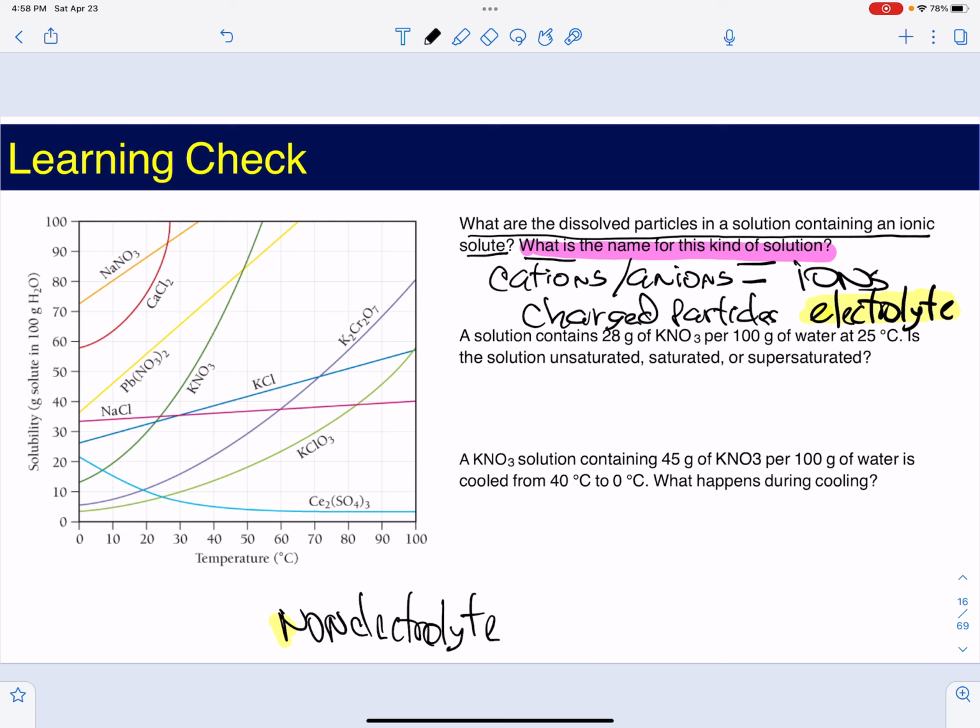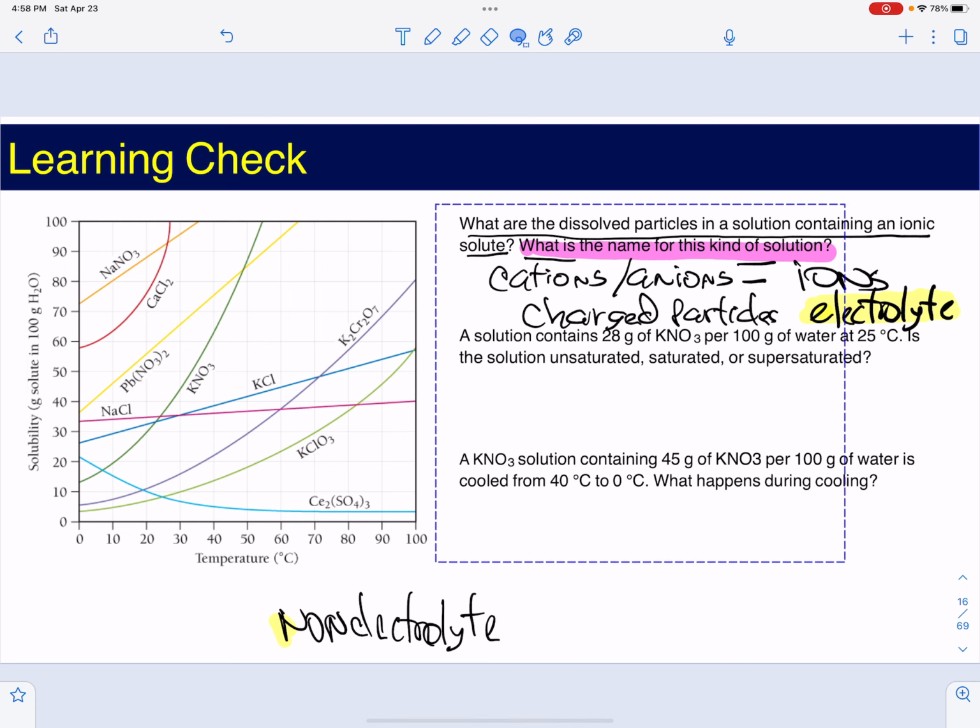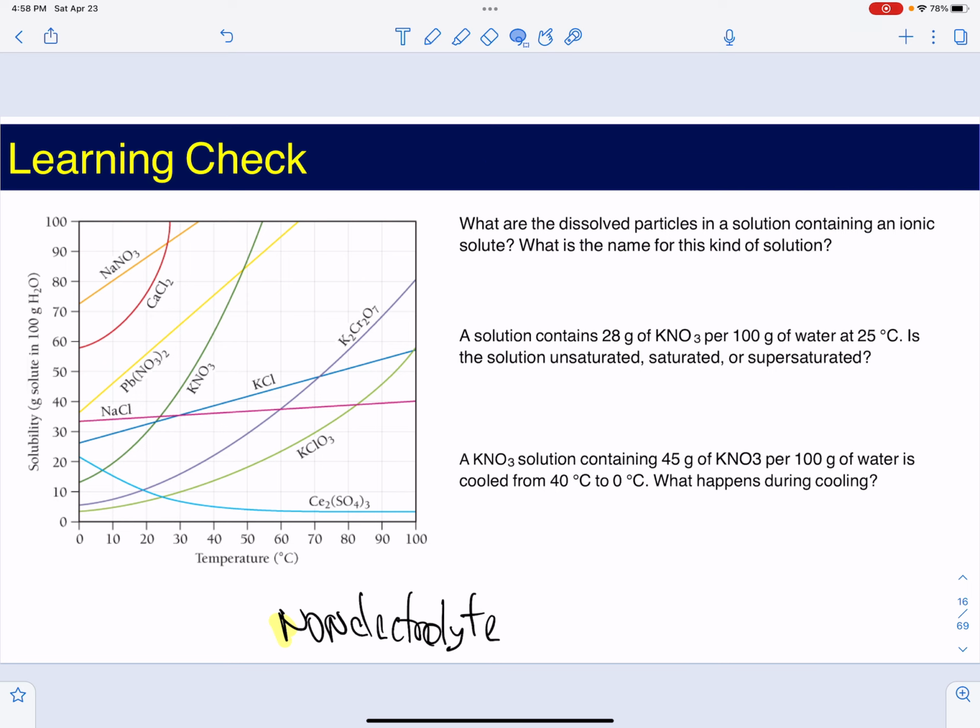What about the next question? A solution contains 28 grams of potassium nitrate in 100 grams of water. So 100 grams of water is probably talking about solubility, right? Because that's how we measure the solubility, in 100 grams of water.